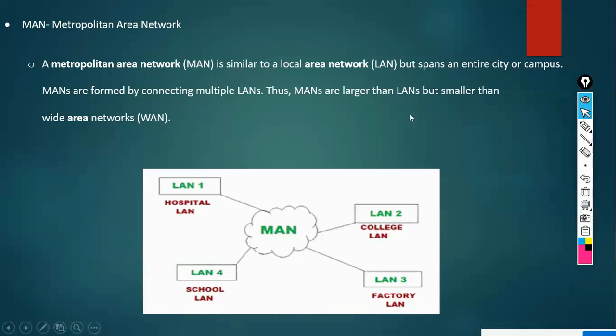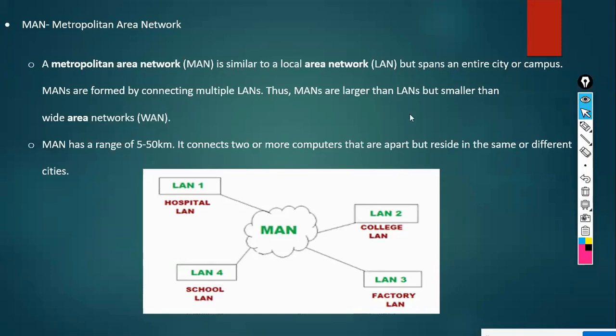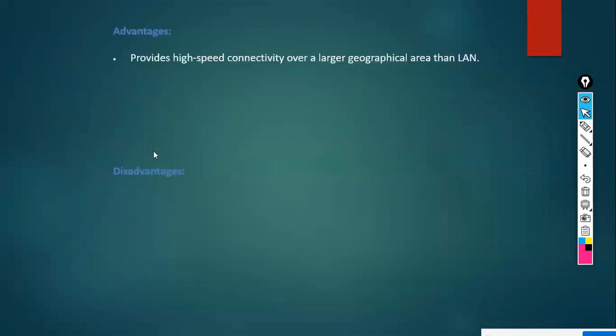Okay, so again, it has limited capacity. It can be from 5 kilometers to 50 kilometers. It could be in the same city or different cities, but the distance should be less than 50 kilometers. What is the advantage? It provides higher speed compared to LAN, because LAN has the capacity of 1 kilometer, whereas with MAN we can go up to 50 kilometers.